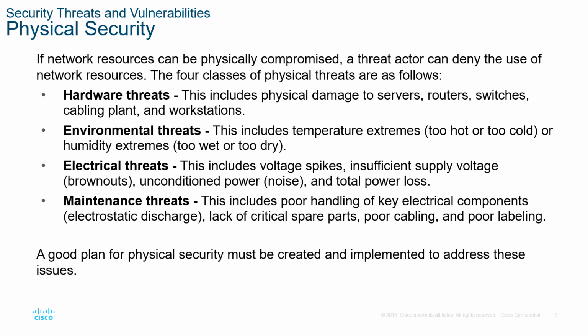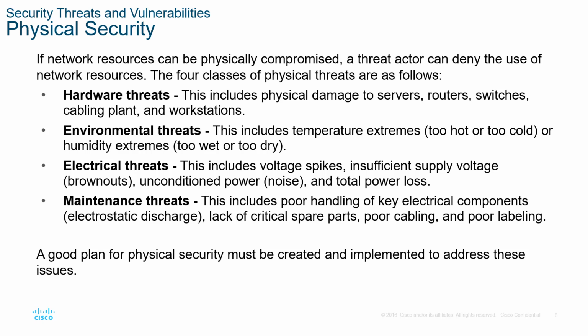Physical security is also a huge part of this. Physical security is actually someone showing up in person. We could be looking at hardware threats, and that will include physical damage to equipment. Environmental threats, that could be temperatures, too hot, too cold, too wet, too dry, things of that nature.